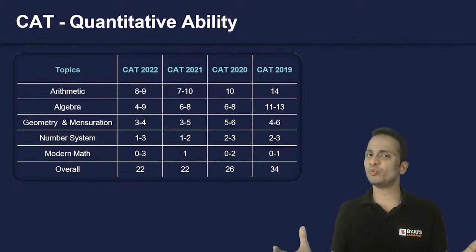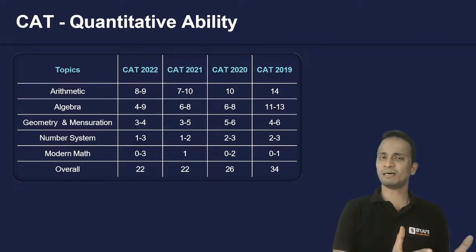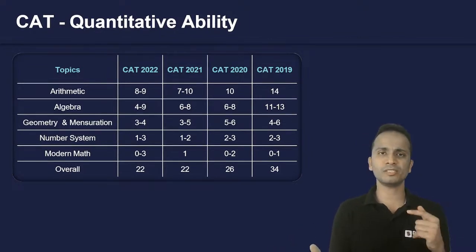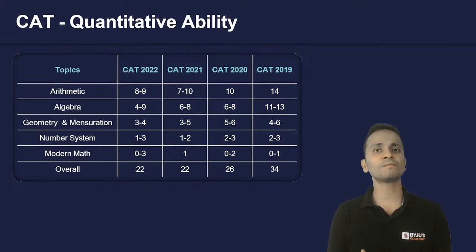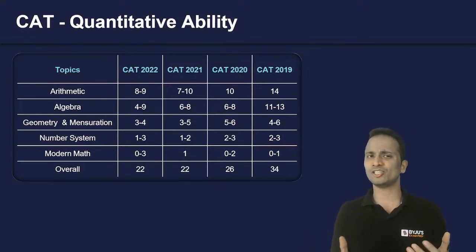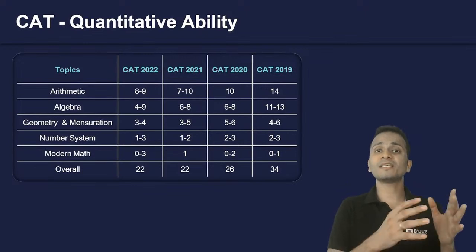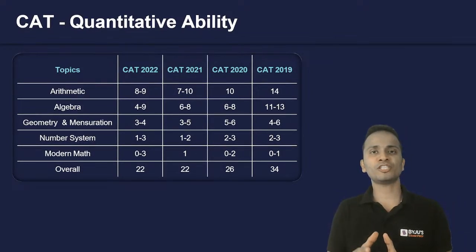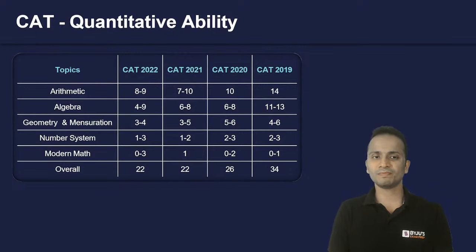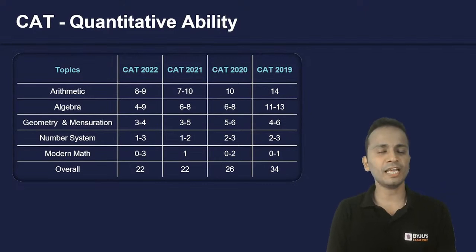Geometry and mensuration, you will definitely understand. Number systems covers the properties of numbers, LCM, HCF, divisibility rules, unit digits, tens digits, and so on. Modern mathematics covers set theory, permutation, combination, and probability. So this is how these topics are divided among these five areas.